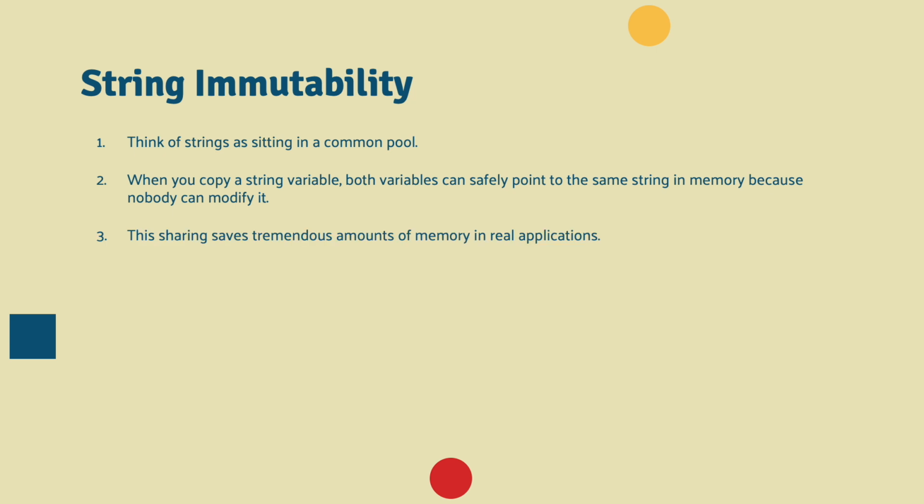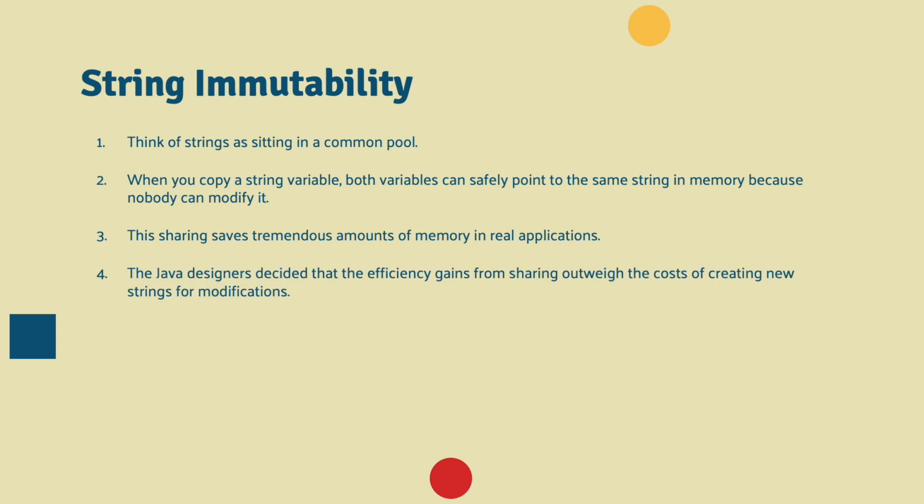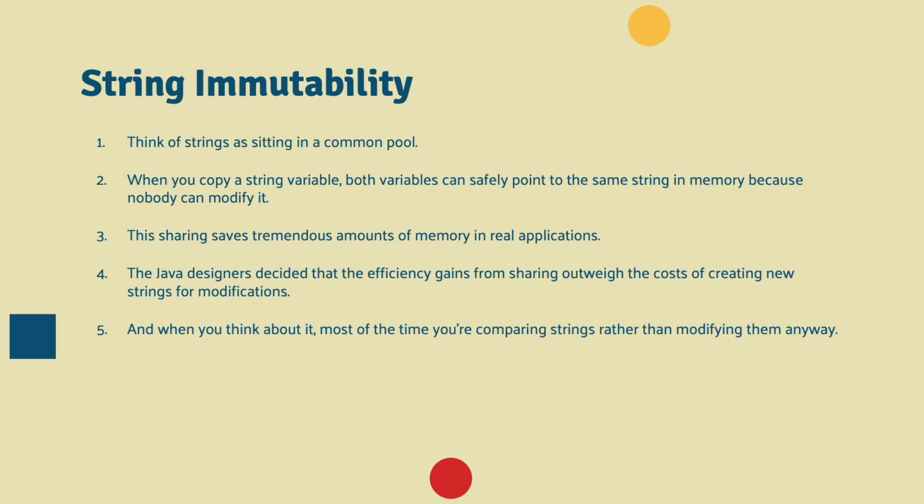This sharing saves tremendous amounts of memory in real applications. The Java designers decided that the efficiency gains from sharing outweigh the costs of creating new strings for modifications. And when you think about it, most of the time you're comparing strings rather than modifying them anyway.